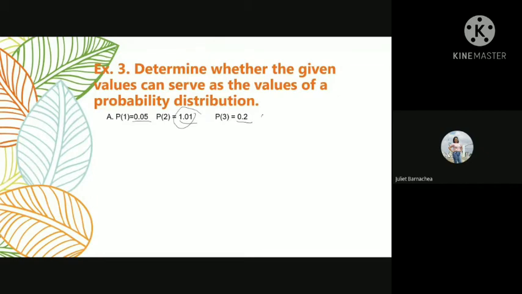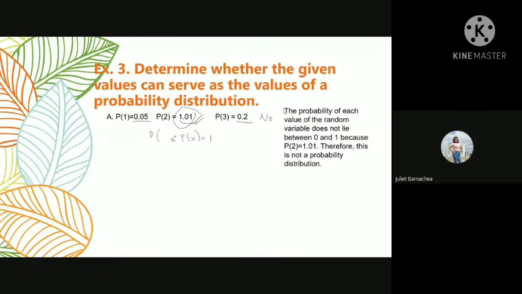Dito pa lang, it's a big no. So, kung no ka na dyan, hindi mo na kailangan i-test yung pangalawa, the summation of P of X equal to 1. Bakit? Kasi ito, more than 1 na. The probability of each value of the random variable does not lie between 0 and 1 because P of 2 is 1.01. Therefore, this is not a probability distribution.